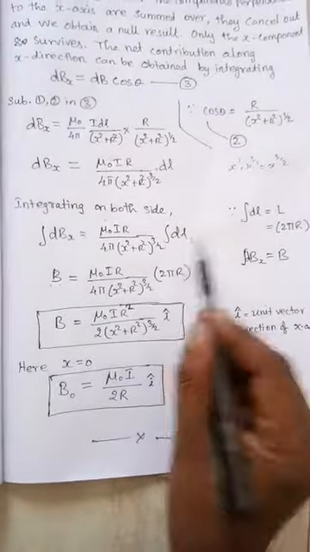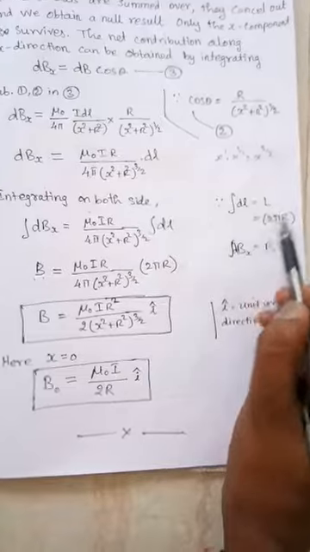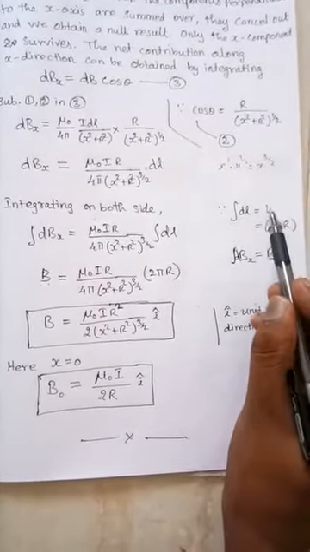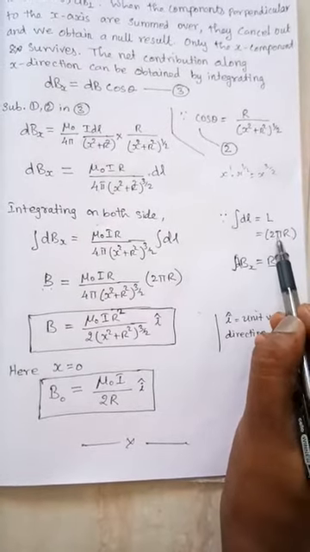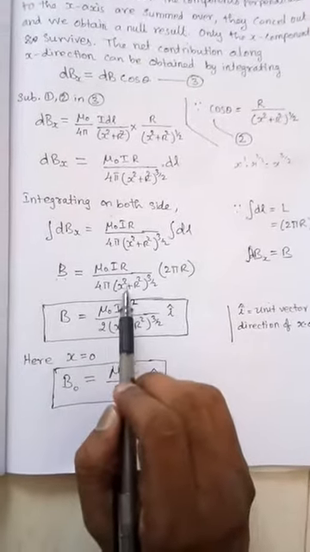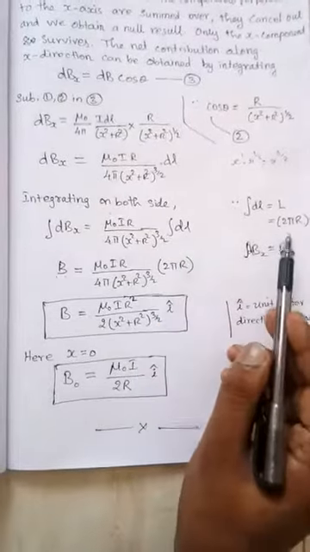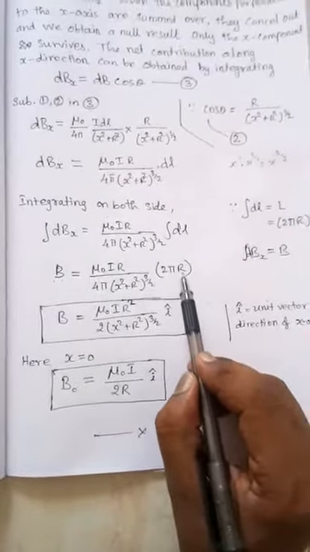The integration of dl is the whole length, the circumference of the circle, 2 pi R. So B is equal to mu naught I R divided by 4 pi, x square plus R square whole power 3 by 2, into 2 pi R, where R is the radius of the coil or loop.